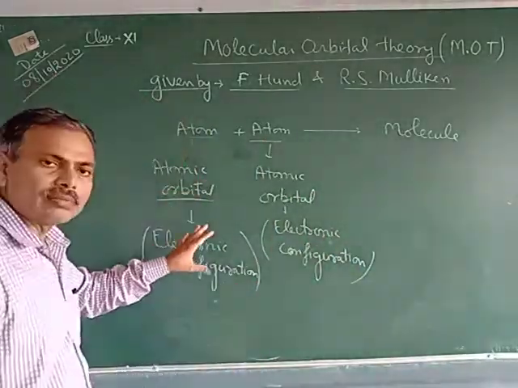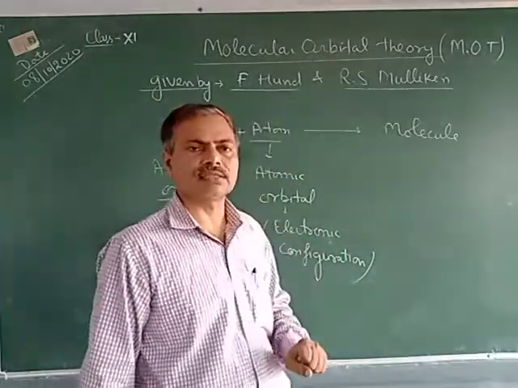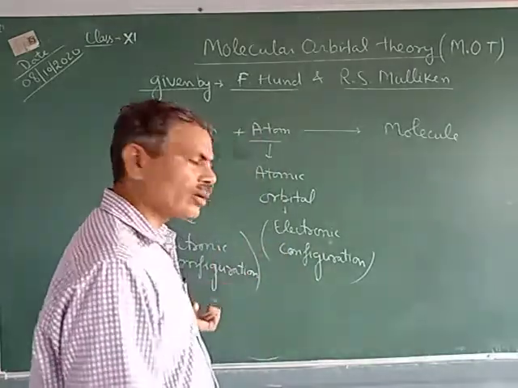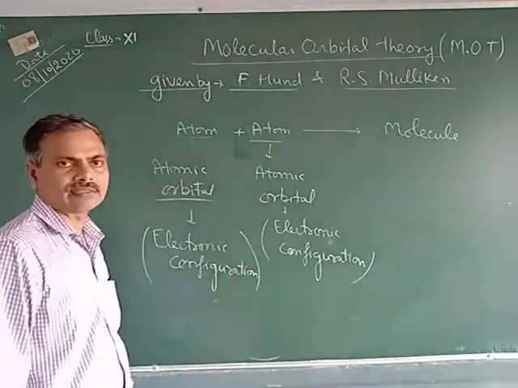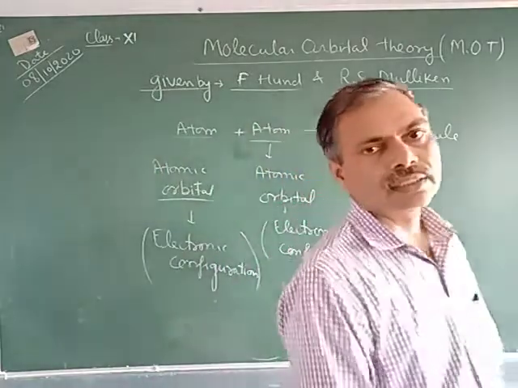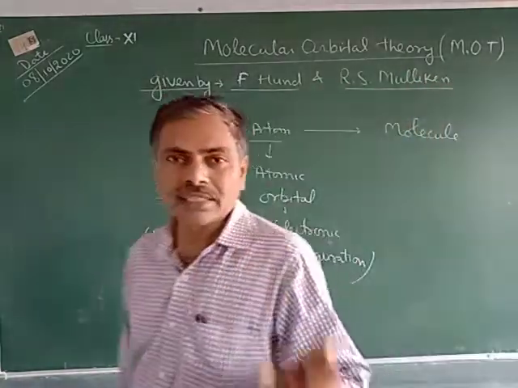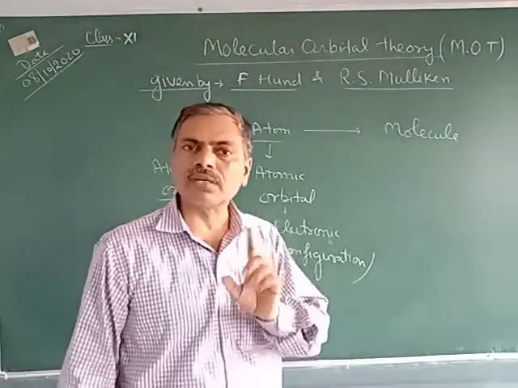In atomic orbitals, electrons are influenced by one nucleus. You can say atomic orbitals are monocentric, because the electron present in the atom is influenced by only one nucleus.